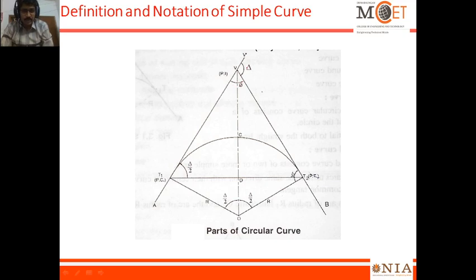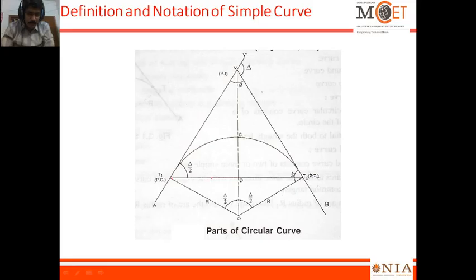When you join T1 and T2 with a straight line, with respect to the tangent the angle formed will be delta by 2 on both sides.